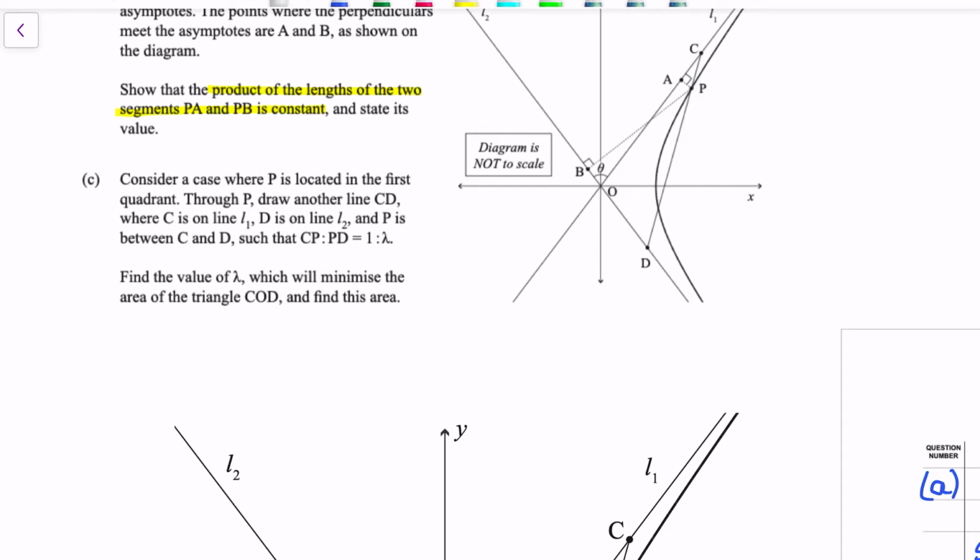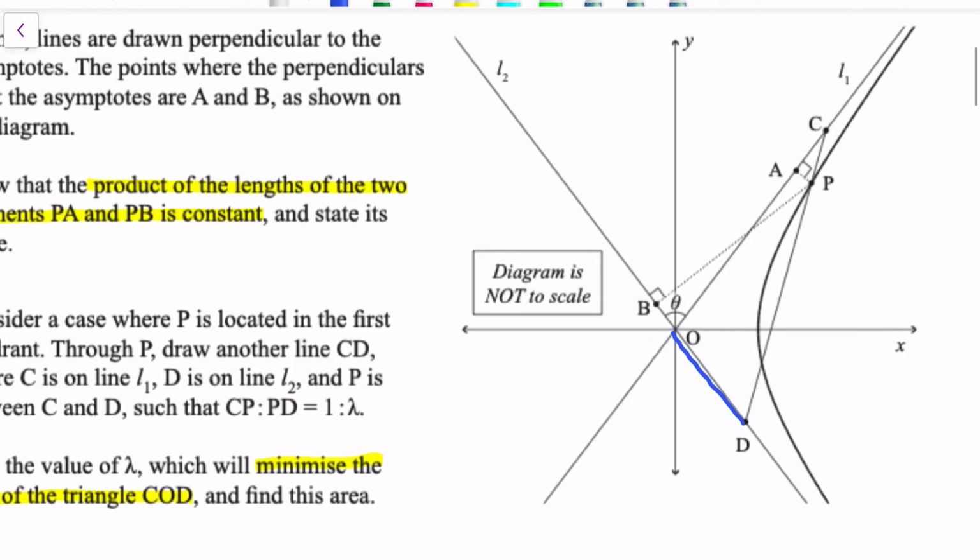Okay, so thinking through this problem, we've got to minimize the area of the triangle COD. So let's just identify where COD is. Okay, so that's COD there.